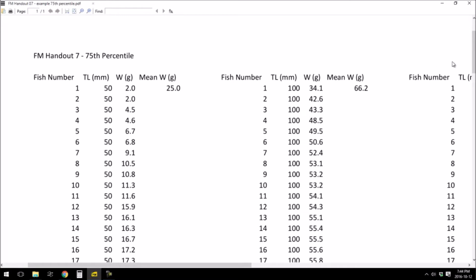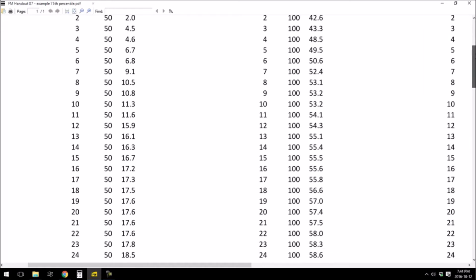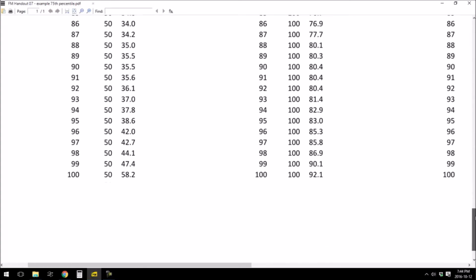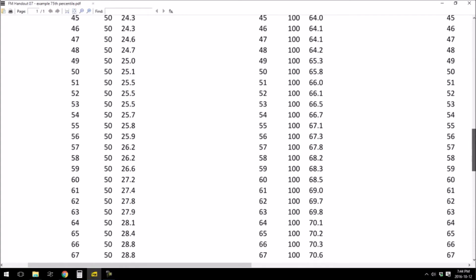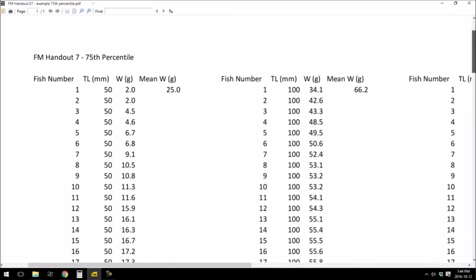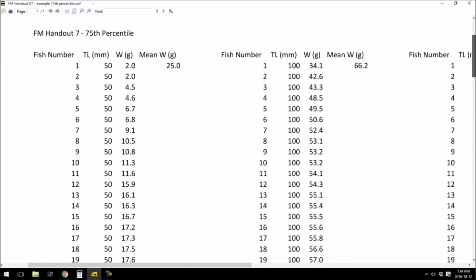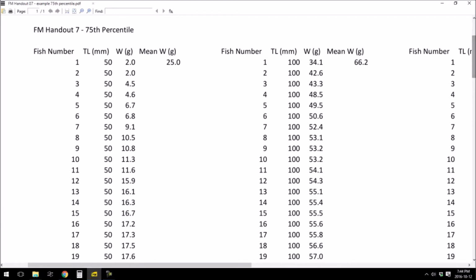You can see that although they have the same length within a column, there's quite a bit of variability in weight. That's what you would expect with fish. Some are going to be very light and some are going to be very heavy, and we're going to use this to help define what our standard weight is.